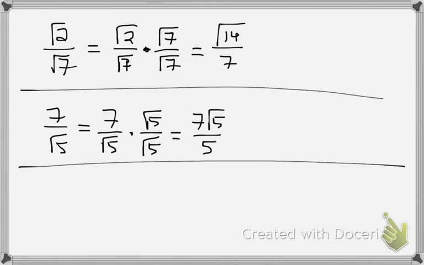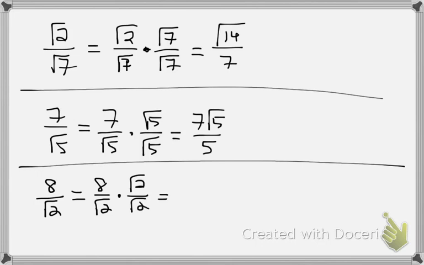So what if I had 8 over the square root of 2? I want to rationalize the denominator. Multiply both the top and bottom by square root of 2.